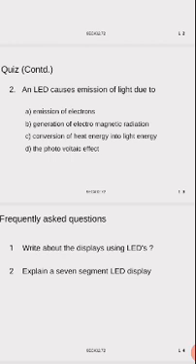Thereafter, as voltage increases, the current increases. As current increases, the light intensity of the diode increases.